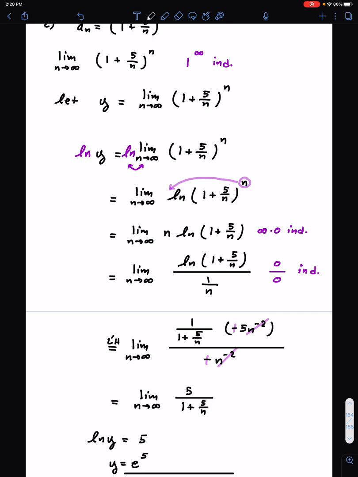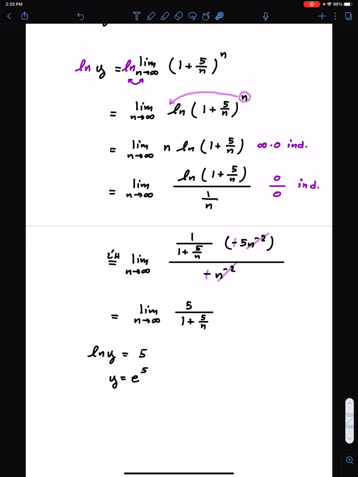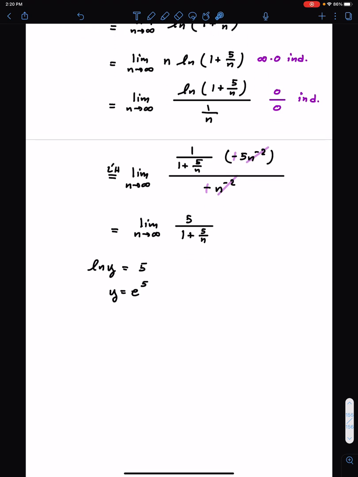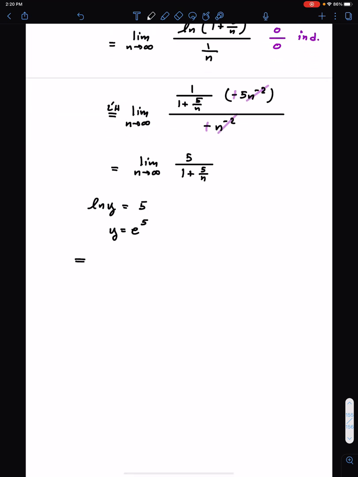And y is this original limit, which is the limit of the sequence. Since that's a real number, this implies that a sub n, or the sequence a sub n, converges, or a sub n is convergent.